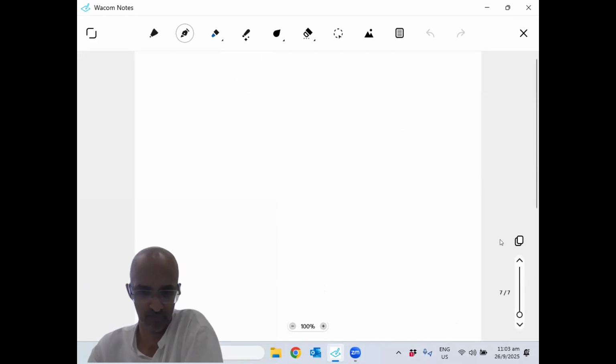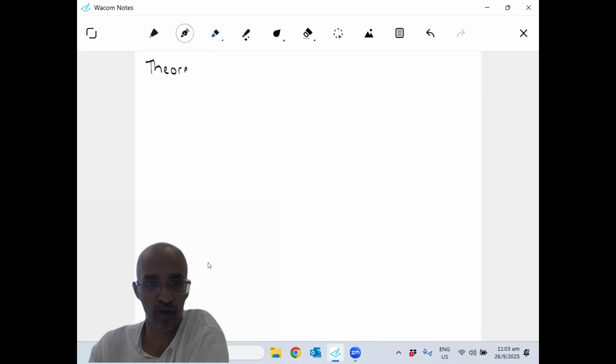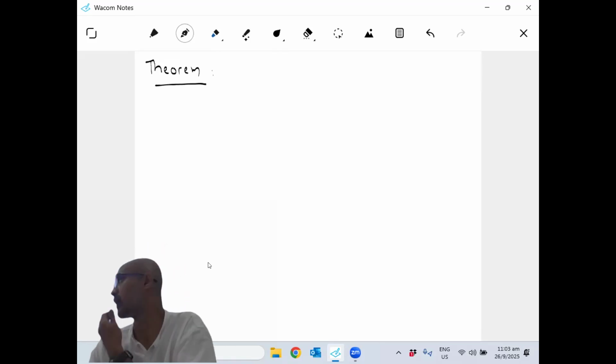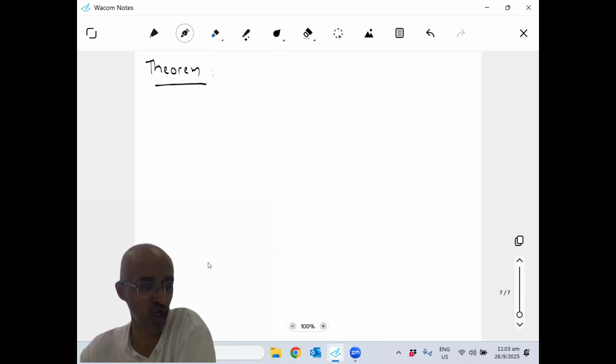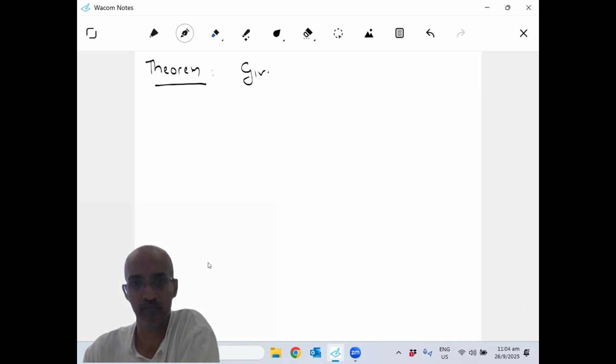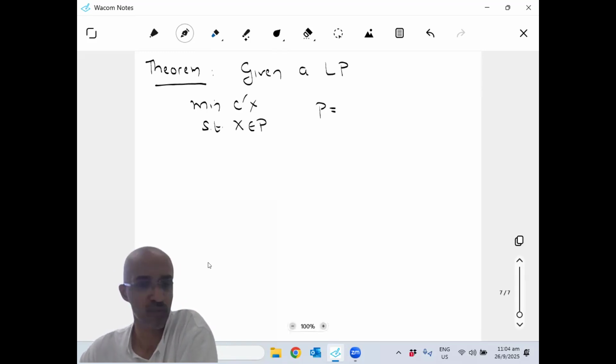Here's a theorem that we will try to prove next. Given an LP, minimize c transpose x subject to x in some polyhedron, and you can assume for now it's some constraints, it doesn't matter really the form.